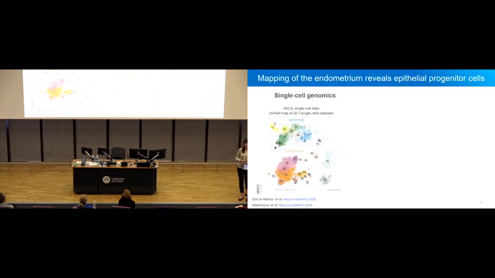So the way we went into the tissue was to take samples from multiple individuals, because it's quite dynamic, so we needed hundreds of them, and also to include data from others that was published.